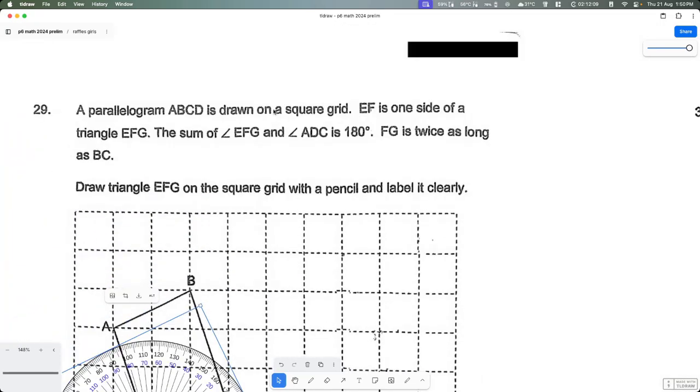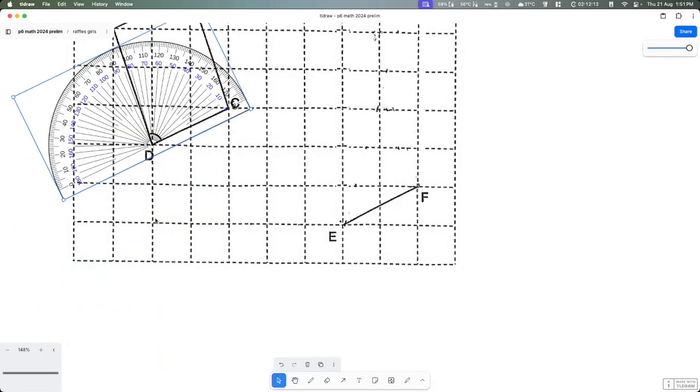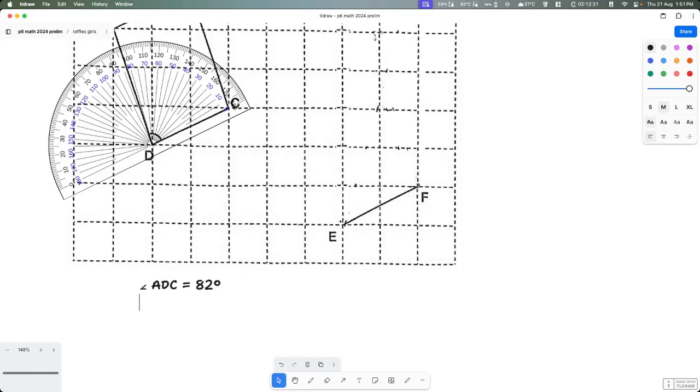So for angle EFG, angle ADC is equal to 80, I'm going to put 82 degrees. Then angle EFG is equal to 180 minus 82. This will give us 98 degrees.